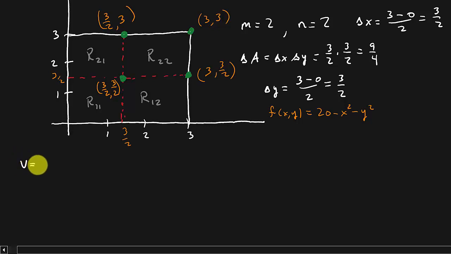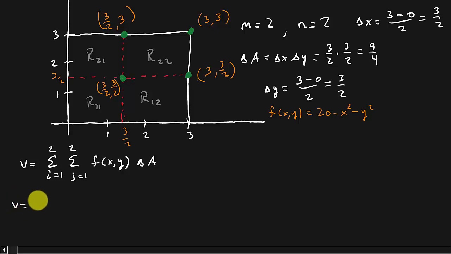So the volume is equal to the sum i equals 1 to m, which in this case is 2, j equals 1 to n, which is 2, f of x, y times delta A. So basically what I'm going to do is delta A times the height at this point, plus delta A times the height at this point, plus delta A times the height at this point, plus delta A times the height at this point. So I'm going to get my volume.